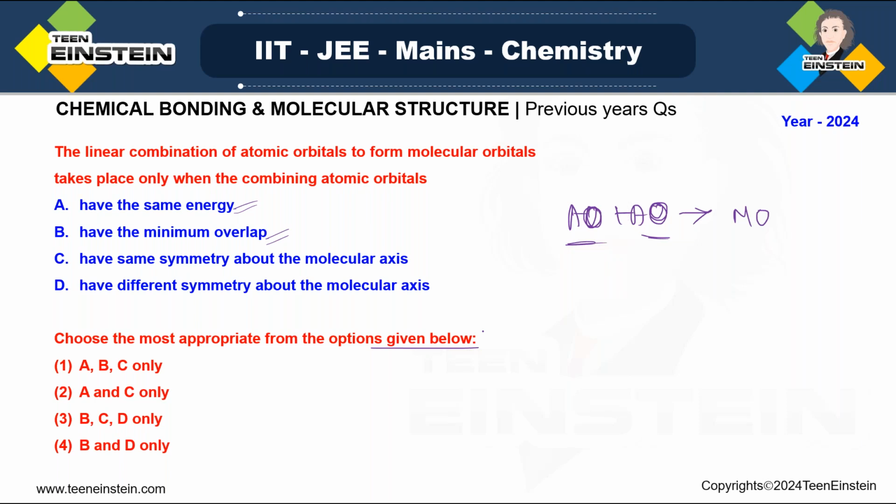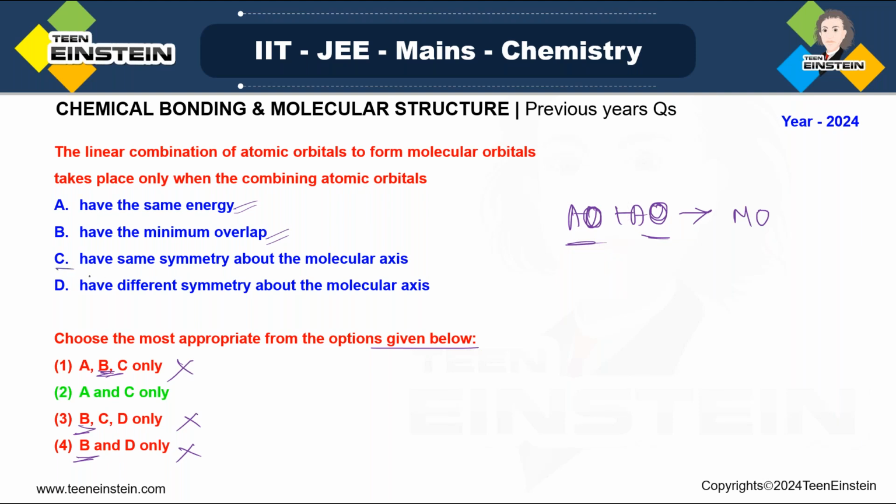So in any of these options 1, 2, 3, 4, you can easily cancel those where B is present, because that is not correct. Here we have B, not possible. B, not possible. B, not possible. So now you can choose option 2, A and C, just based on the fact that B is wrong. That is enough to choose it. So A and C is actually correct.